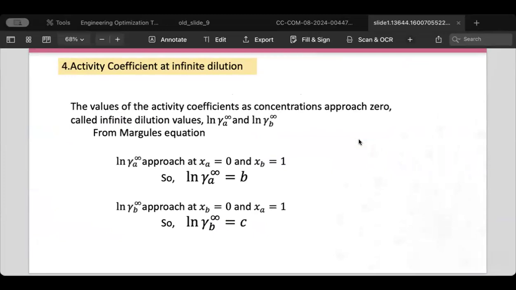Also, would like to remind you again about activity coefficient at infinite dilution. Okay, so for infinite dilution, you also obtain parameters. Okay, log gamma A infinity. From infinite dilution parameters, you can identify the activity coefficient model also.